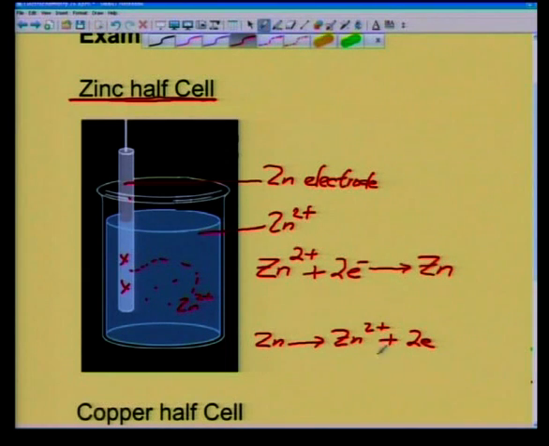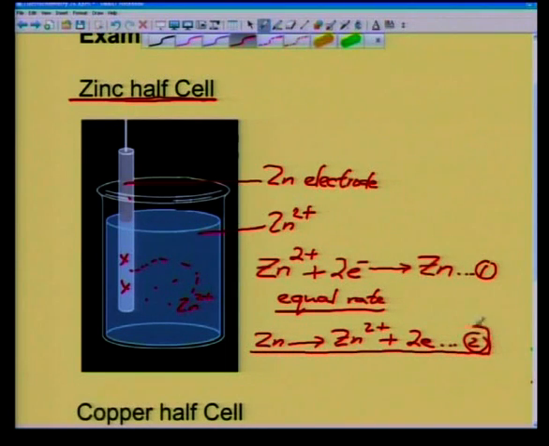And these two processes happen at the same time, and the rate at which they happen is the same. How fast the first one occurs equals how fast the second one occurs. Because of that, we've got an equilibrium, if you like.